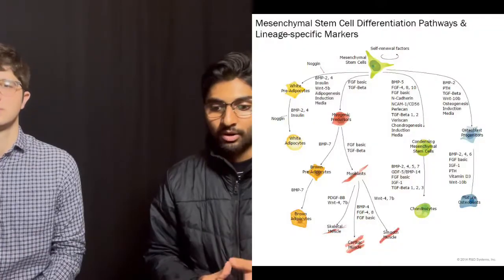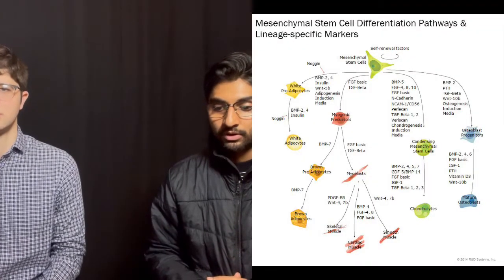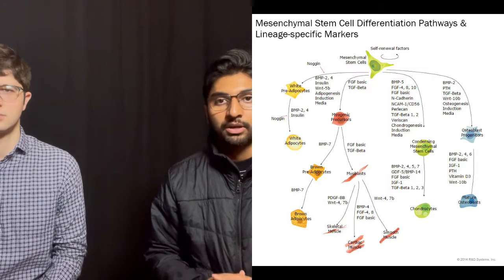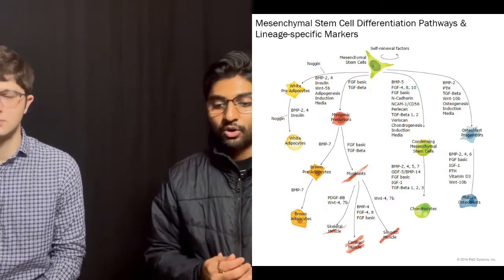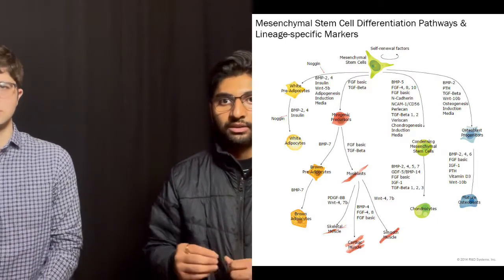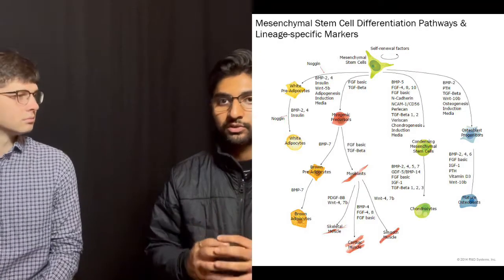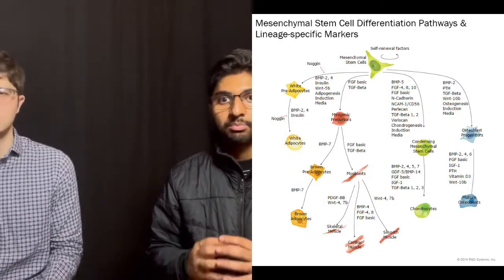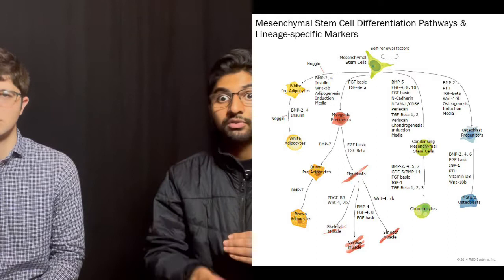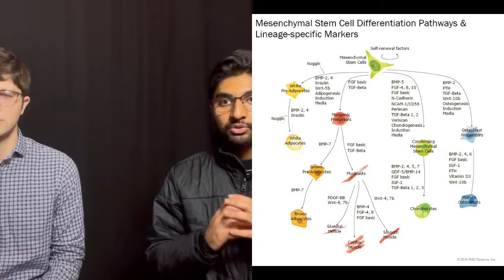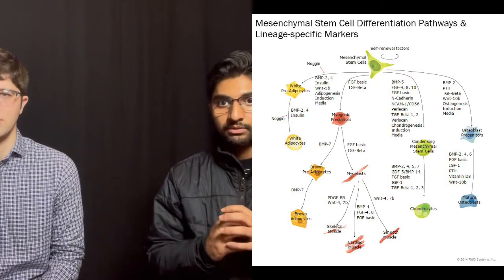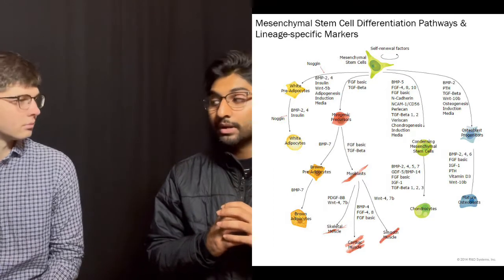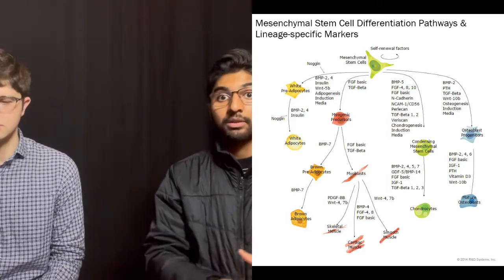If a researcher wanted to take this MSC and turn it into an osteocyte or a myocyte, to make bone or muscle, all you would have to do is take the cell surface markers that are predominantly present on a fully differentiated cell, and put the right combination of those proteins on the stem cell.